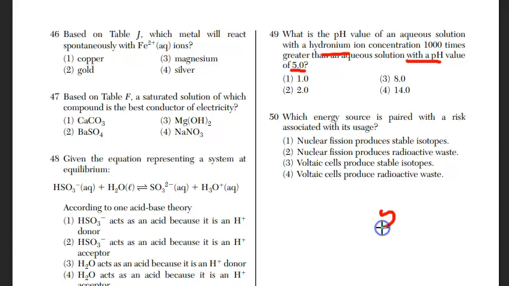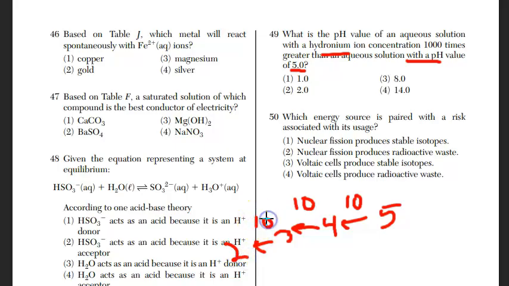If I'm going from a pH of 5 down to a pH of 4, that is a 10 times increase in H plus. If I'm going from 4 to 3, that's another 10 times, and 10 times 10 is 100. And then if I'm going from 3 to 2, that is another 10 times, and 10 times 10 times 10 is 1,000. And there's our answer.